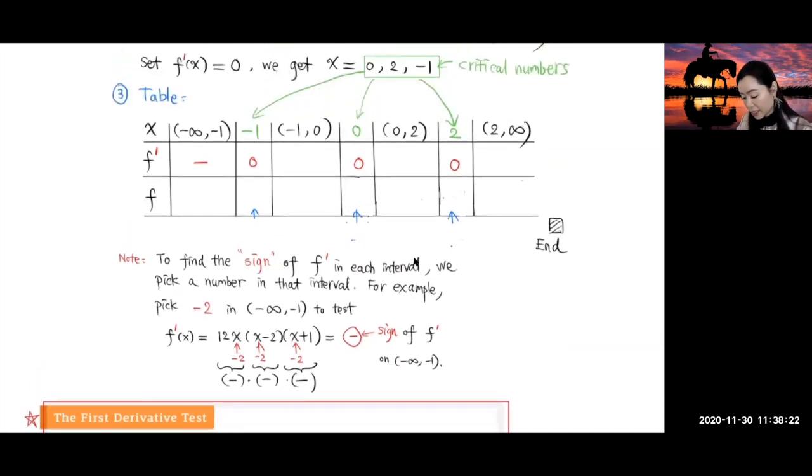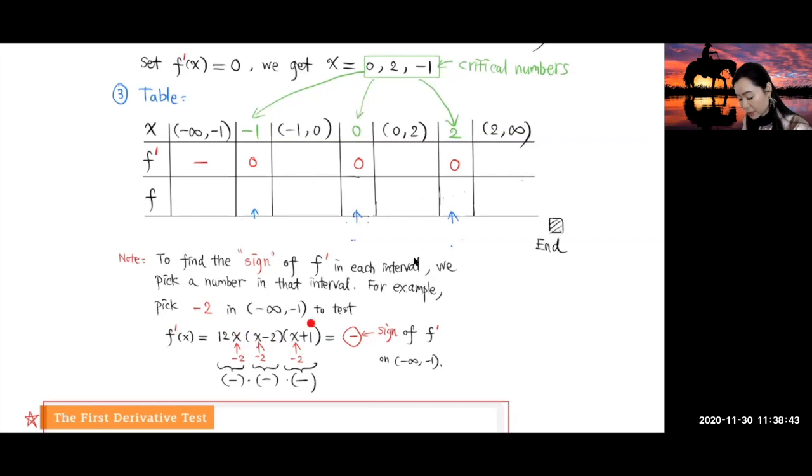Now what about this interval? Substitute a number. What number would you like to try? You can try -1/2, right? Substitute into x. So it will be negative, and this one will be negative.